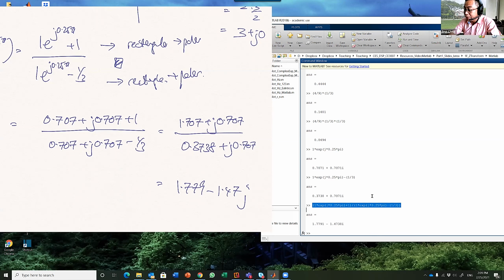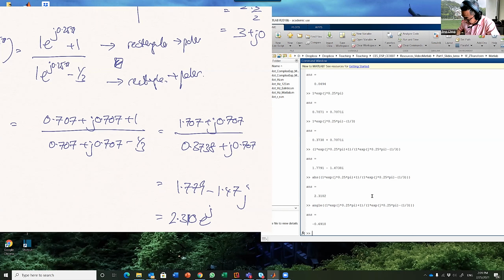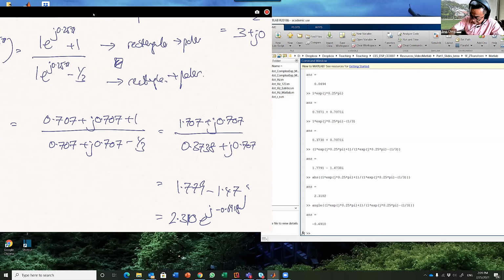So let's see whether I get it right or not. I want to take the absolute value of all these: 2.310, and then the angle e^(j) minus 0.6918. So let me check. I am evaluating at omega equals 1/4 pi, so I'm interested in 0.25 pi radian per sample.